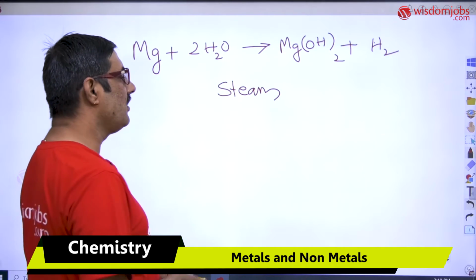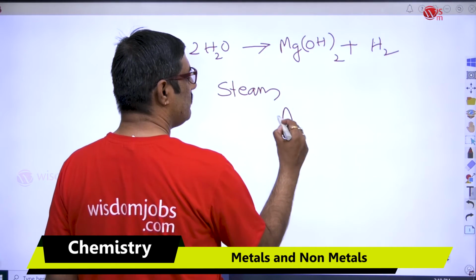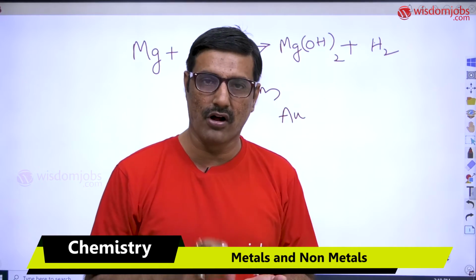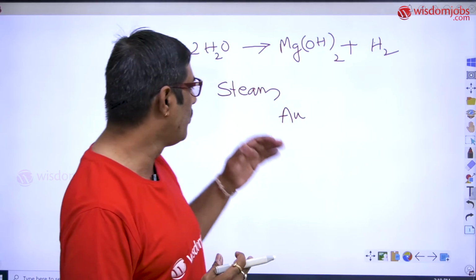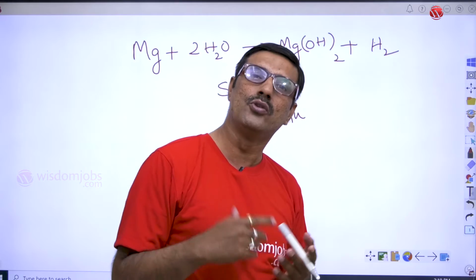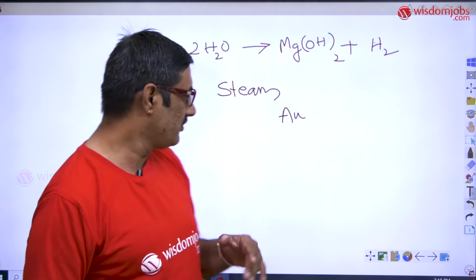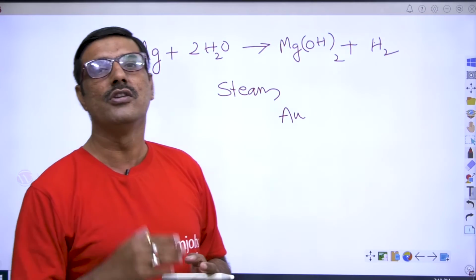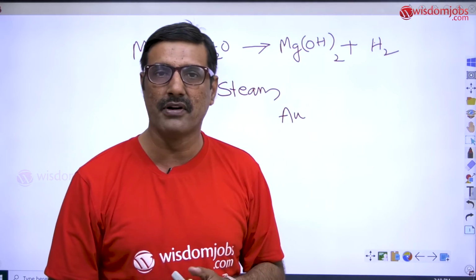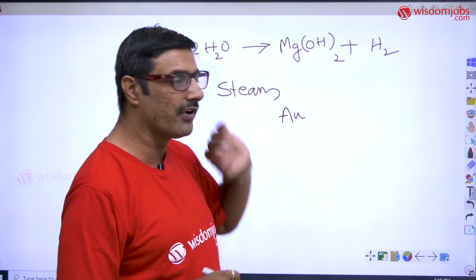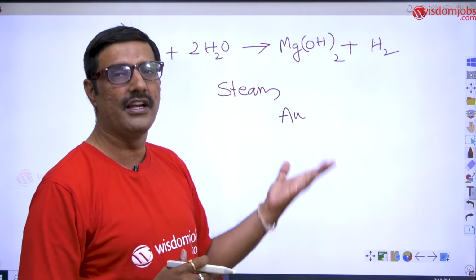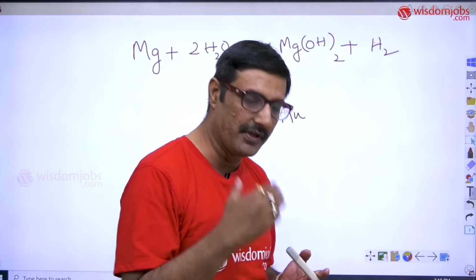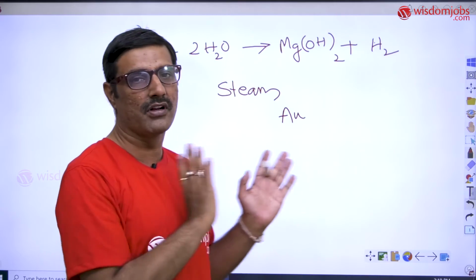And if you take elements like gold, whatever form of water you take, whether steam, hot water or cold water, gold doesn't react with water. This property of gold makes us use it for ornaments, because it doesn't react with water, due to which our women in the house can easily work with water.